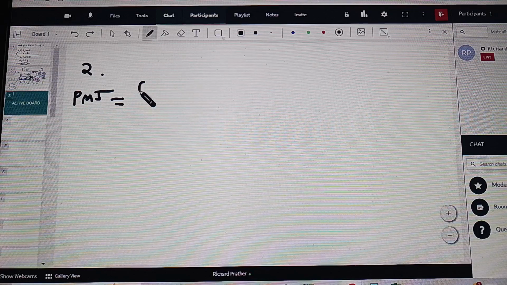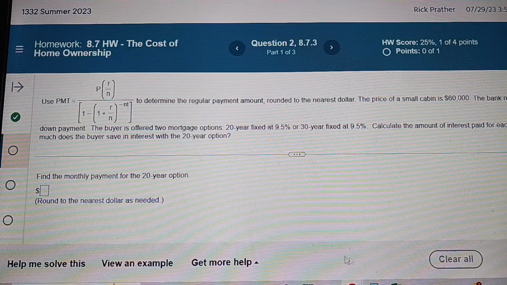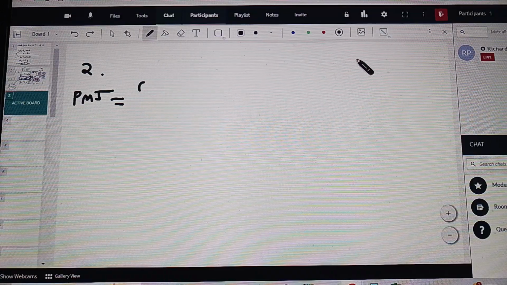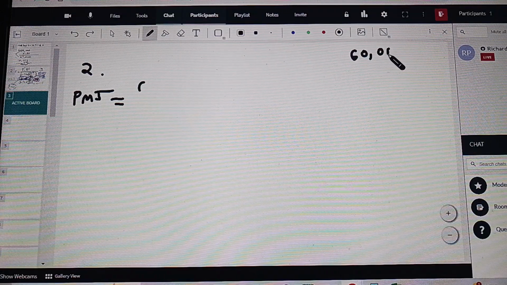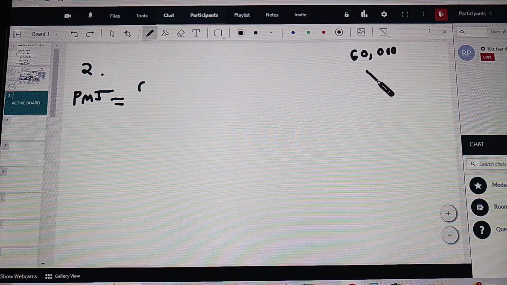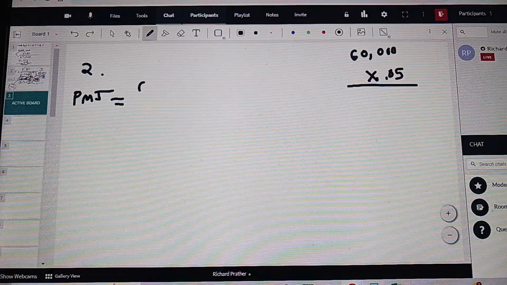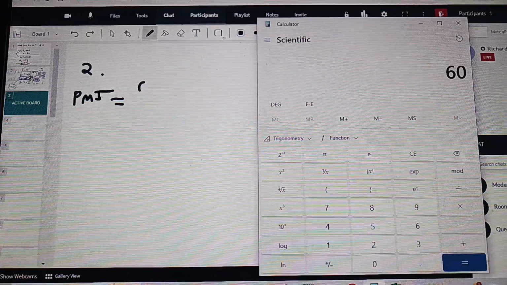Oh wait, we got to take out the 5%. I almost forgot. So 60,000, but we're doing a 5% down payment. So let's just do that off to the side here. It's a $60,000 home. 5% is 0.05. Once we pay this up front, we own that much of the cabin.